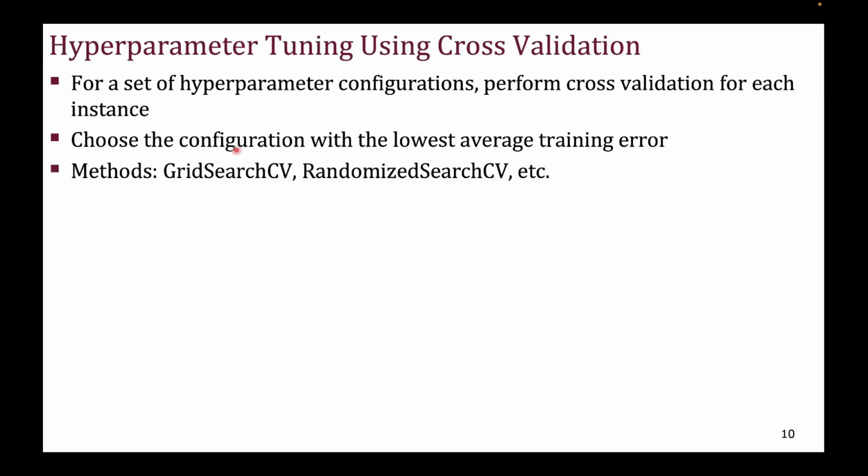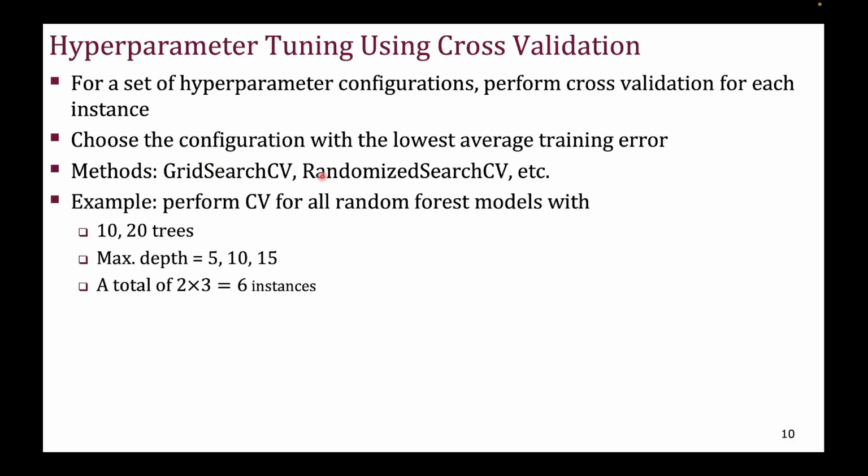I have shown you two of the many possible methods for performing hyperparameter tuning, but the idea is pretty simple. We just consider a certain set of configurations of hyperparameters. For example, do I use 10 trees or 20 trees or more trees? Or do I use a maximum depth of each tree being 5, 10, or 15?